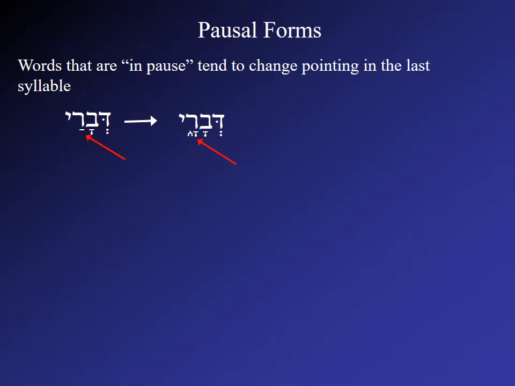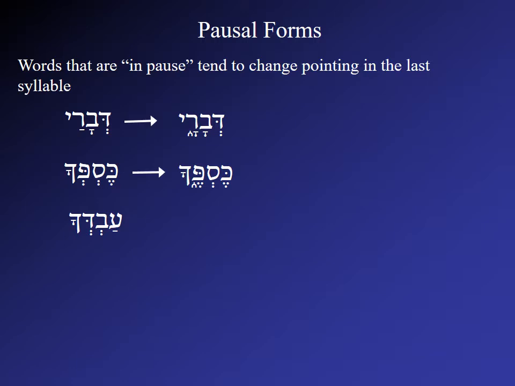So devarai with a patach becomes devarai with a qamets. Similarly, kaspekha, your money. Here again we have a shva. This is a non-pausal form. In pause, there you see the atnach, we get kaspekha with a segol. So kaspekha becomes kaspekha. The accent is retracted, the vowel is lengthened.